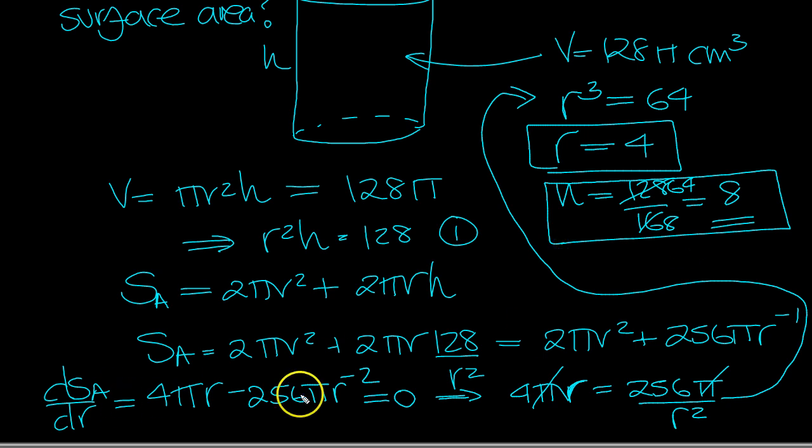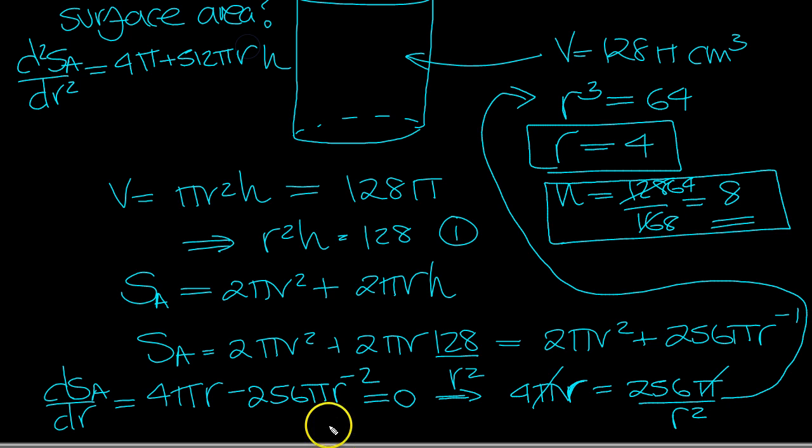We need the second derivative here. d2S_A/dr squared, differentiating this: 4 pi plus 512 pi r to the minus 3, which is equal to 4 pi plus 512 pi over r cubed.